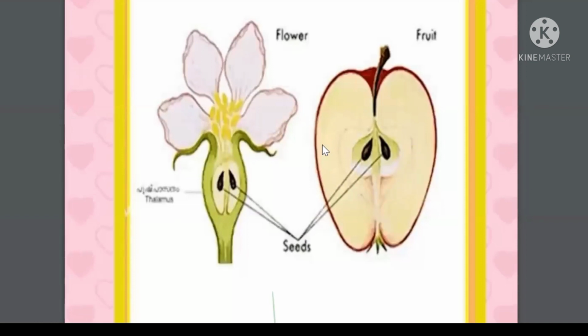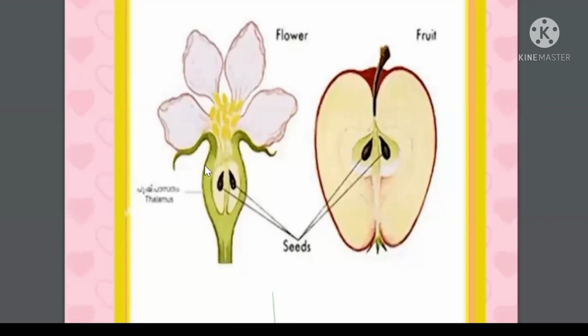Can we see thalamus here? And where is this portion, the ovary portion? Here. The ovule portion we can see as seed here. What happens to this ovary portion? We can see that ovary portion here. But this edible portion of the apple is nothing but the thalamus itself.